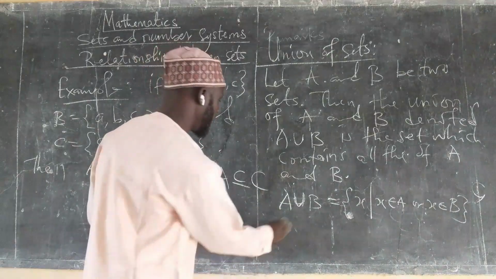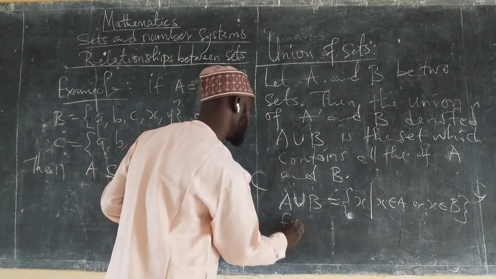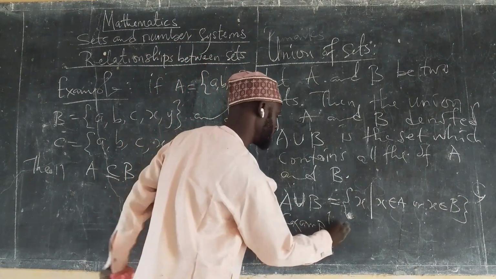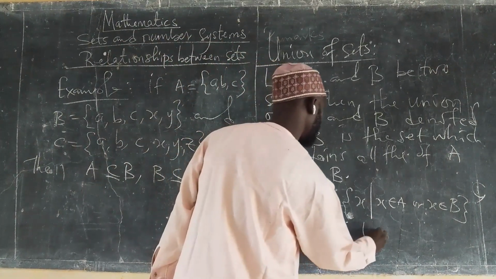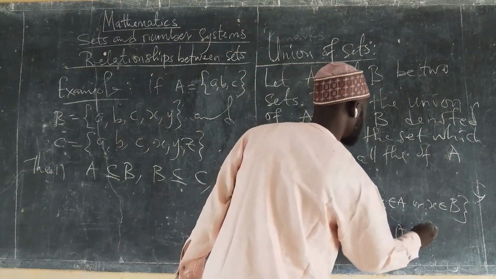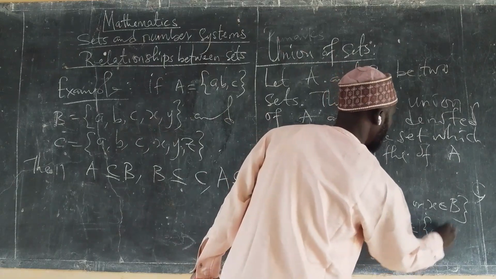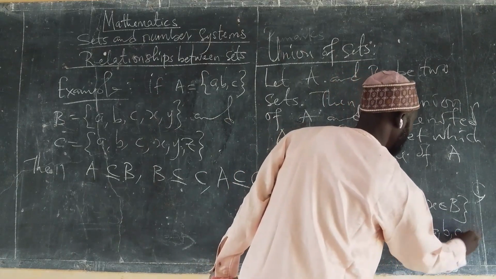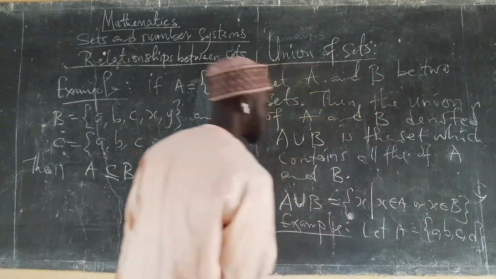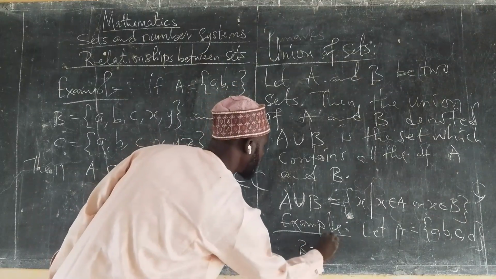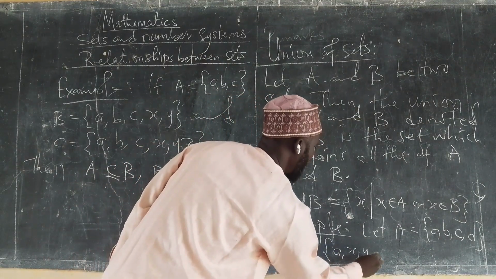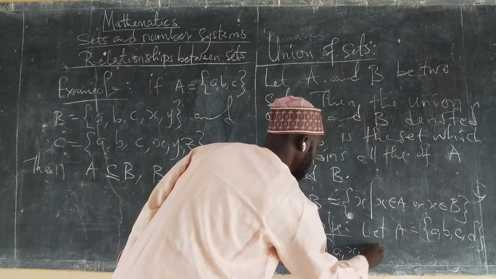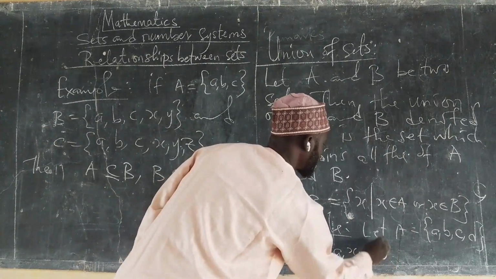So an example here. Let A equal {A, B, C, D} and B equal {A, X, Y, Z}.